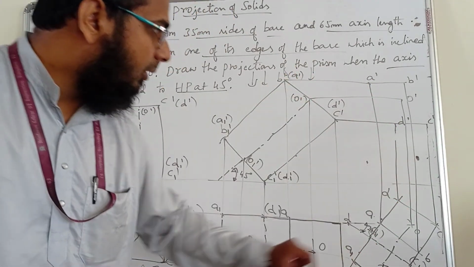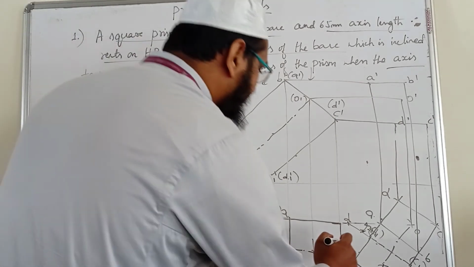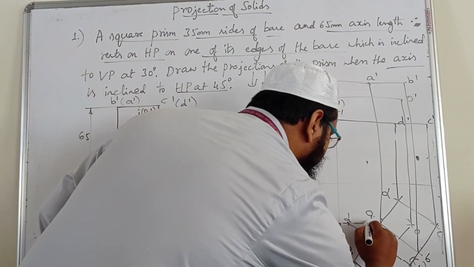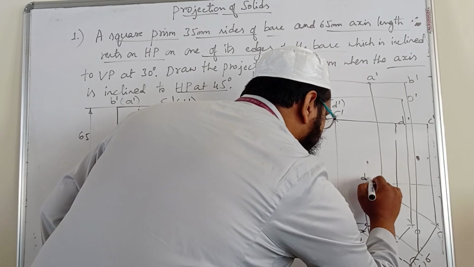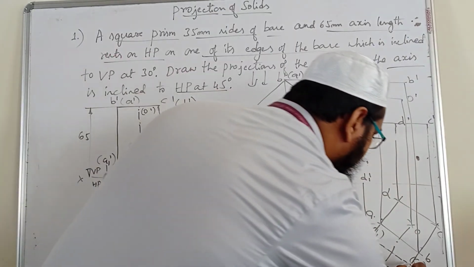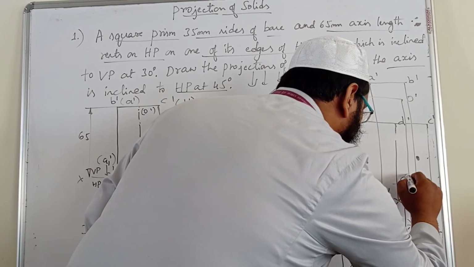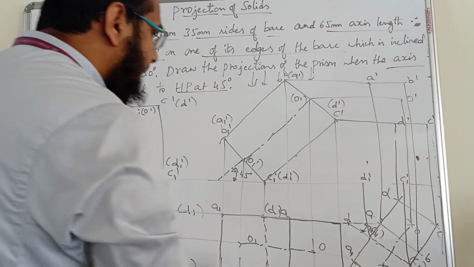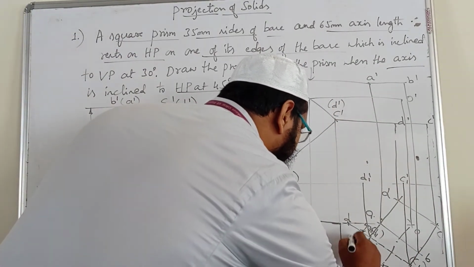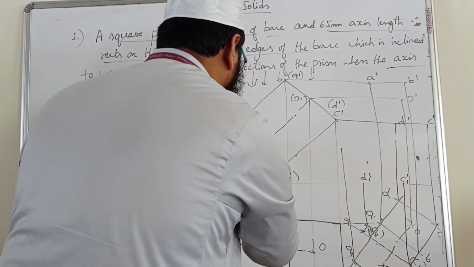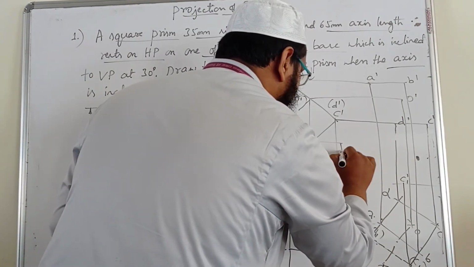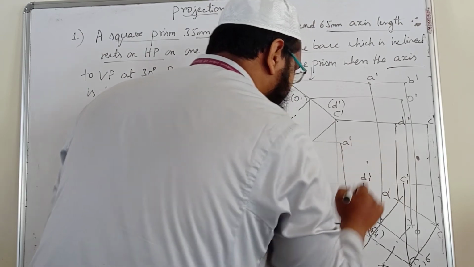Similarly, now we see the bottom face. Here the bottom face we have, this is D1, so here we have D1 dash. Similarly, this is C1 dash. And A1 is here, we are getting this A1 dash here.